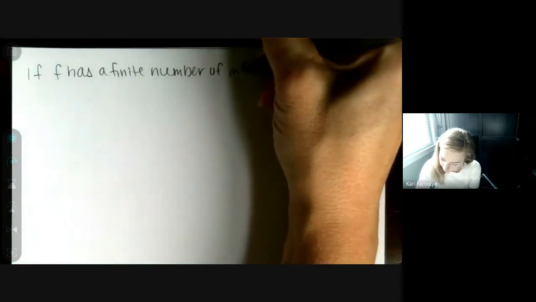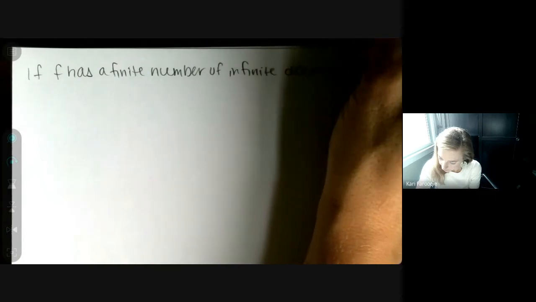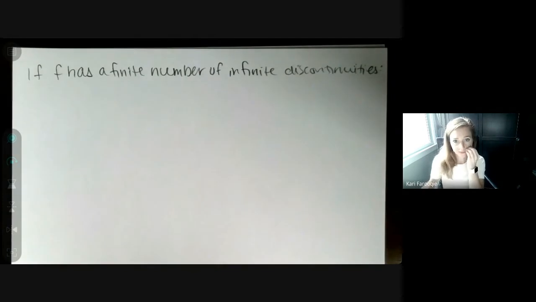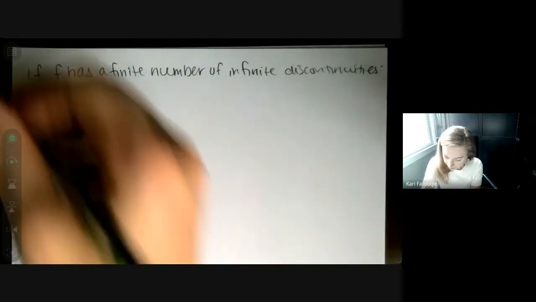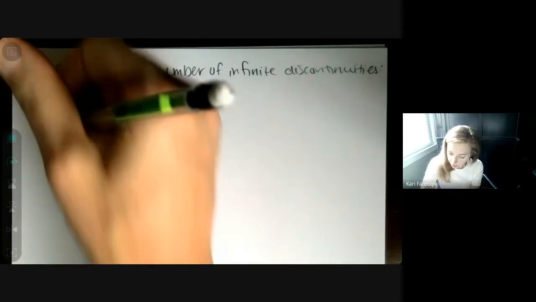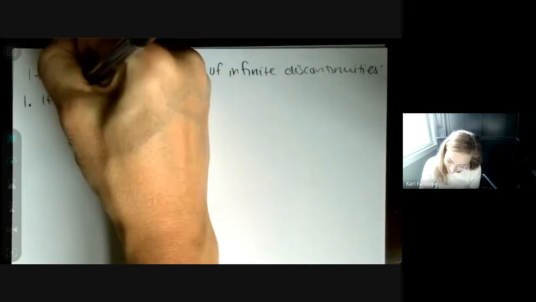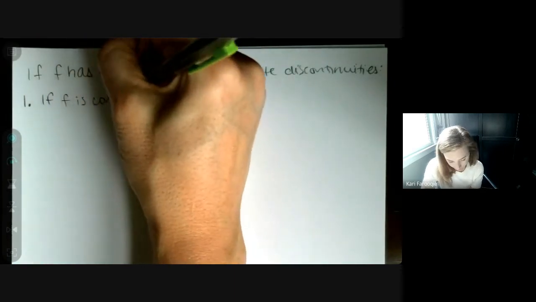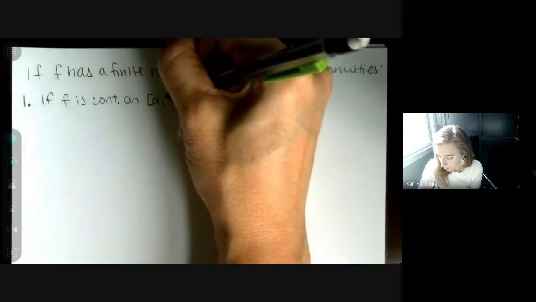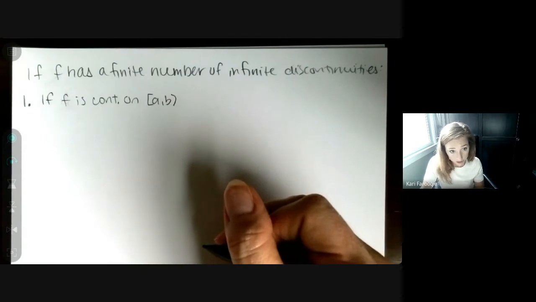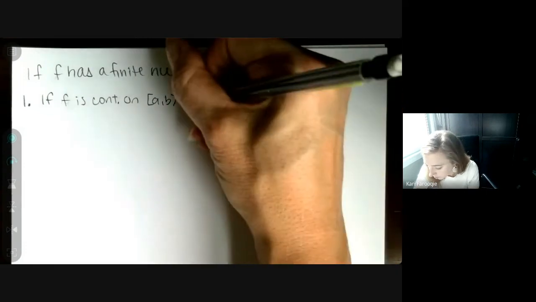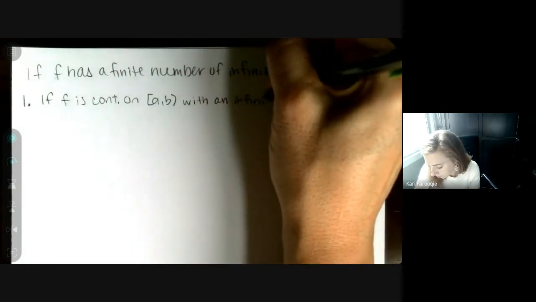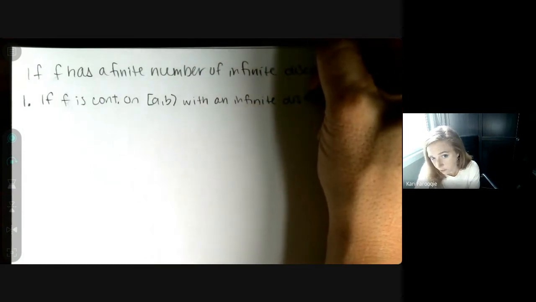If f has a finite number of infinite discontinuities: if f is continuous on the interval from a to b, where b is open and a is closed, with an infinite discontinuity at b. An infinite discontinuity, remember, we would consider to be something like a vertical asymptote.